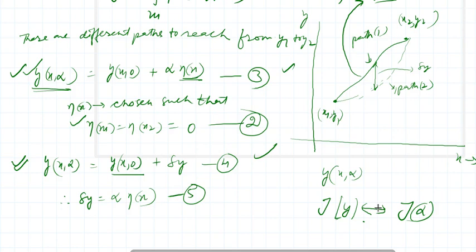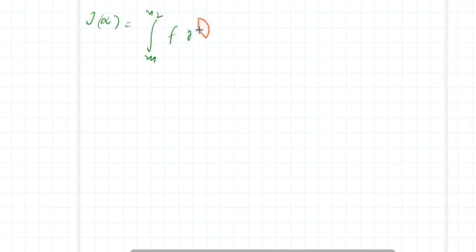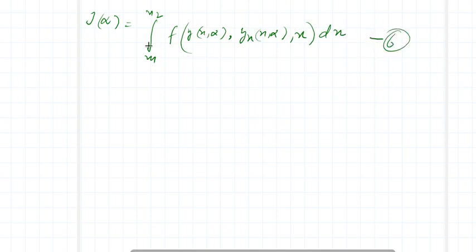So rather than expressing it as a functional, I will express it as a function of alpha, right? So J(alpha) is equal to the integral from x1 to x2 of f(x, y(x, alpha), y'(x, alpha)) dx, and let me call this equation number 6.